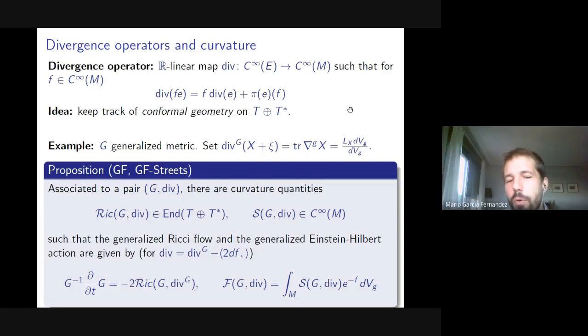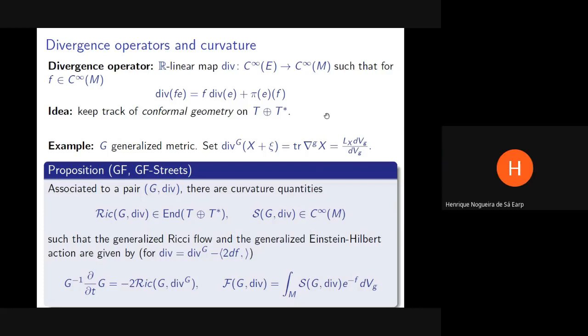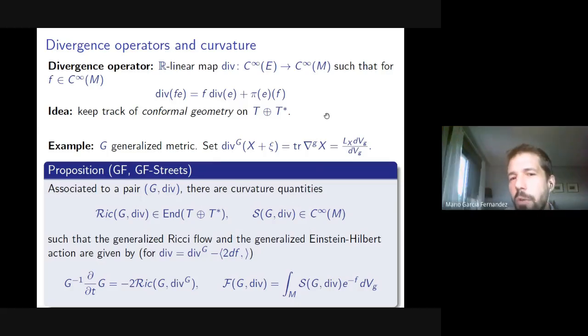Okay, this is a good question. This is our approach to this question, and it's motivated by this paper by Waldron et al. The approach by Ševera and Valach is precisely to consider some sort of Laplacian operator acting on functions or on half densities, and this is associated to a divergence operator. So I think what you're saying is right.